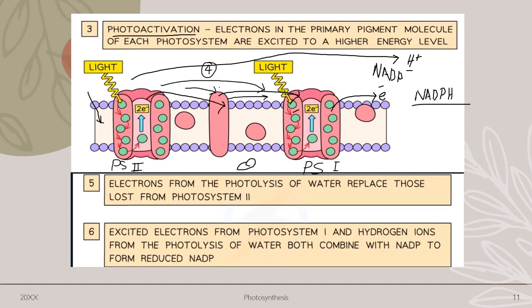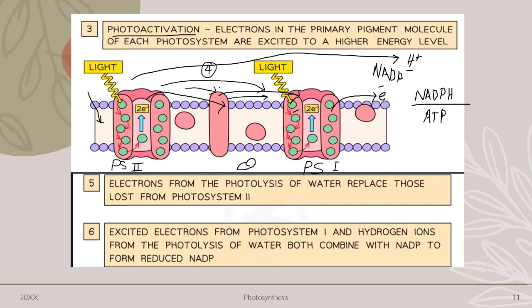I told you that after chemiosmosis, ATP is formed. After the release of electrons from photosystem 1 and the release of hydrogen from photolysis, these hydrogens and electrons combine with the NADP electron carriers to form NADPH.